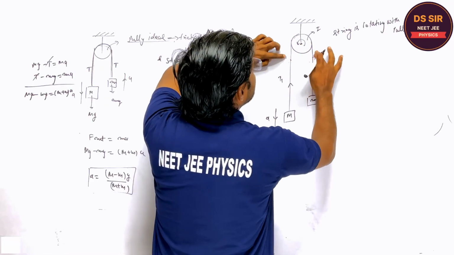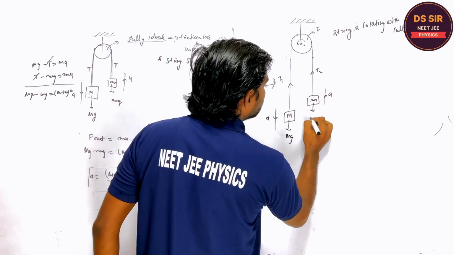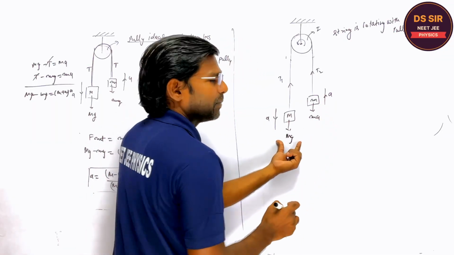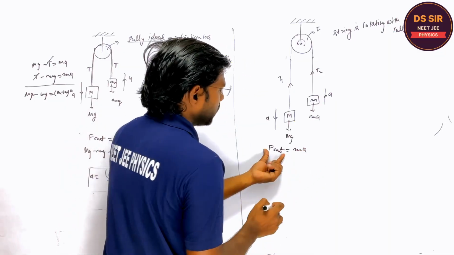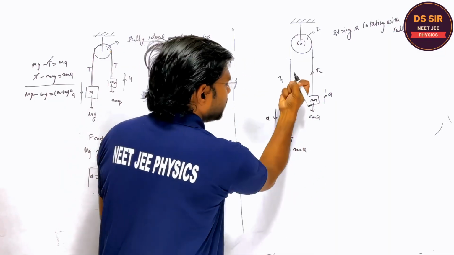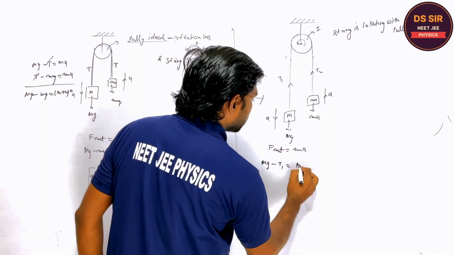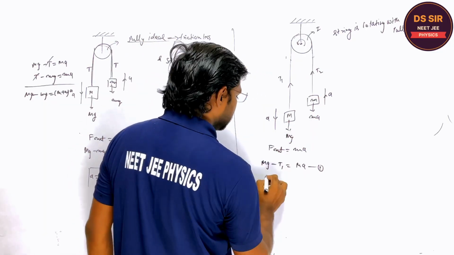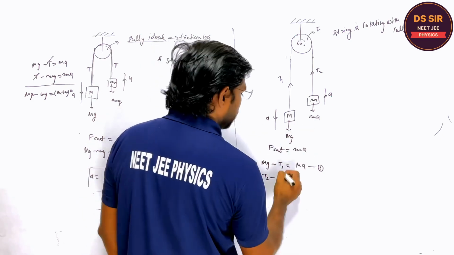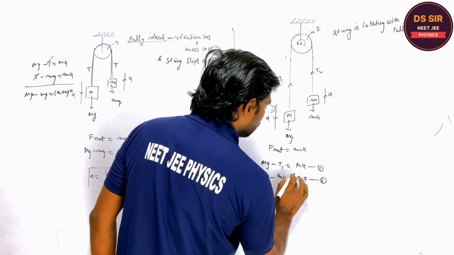Leave this first. Tell me what Newton's second law is for capital M: F net equals M into a. What is the net force for capital M? Mg minus T1 equals capital M into a. Equation number 1. For the small block, T2 minus mg equals ma, equation number 2.